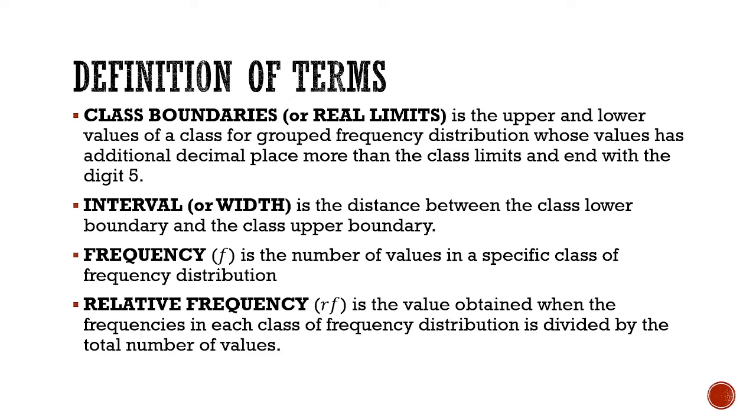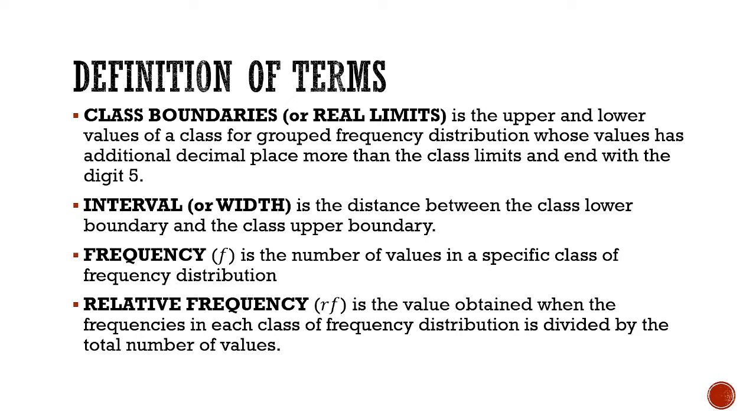By relative frequency, it is the value which is obtained when frequencies in each class of the frequency distribution is divided by the total number of values. So, for example, for a specific category, you have 5 respondents or frequency for that. Then your total observation is 20.